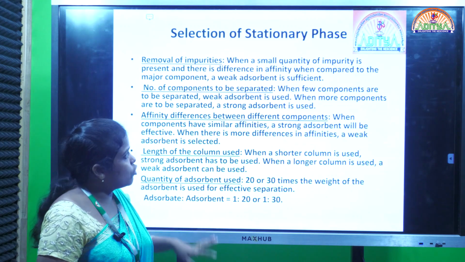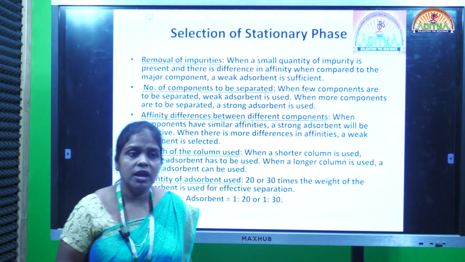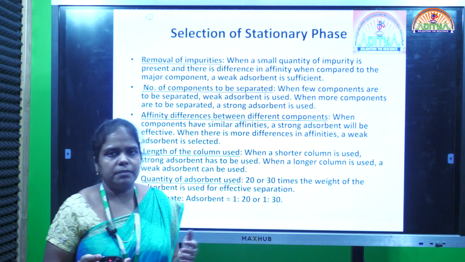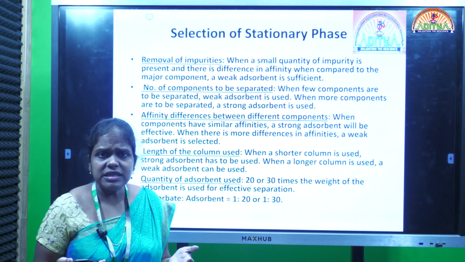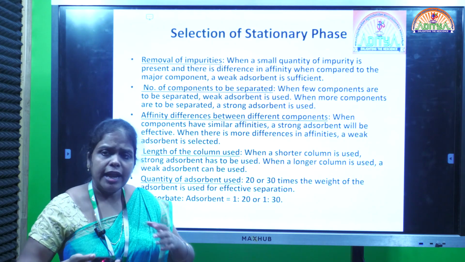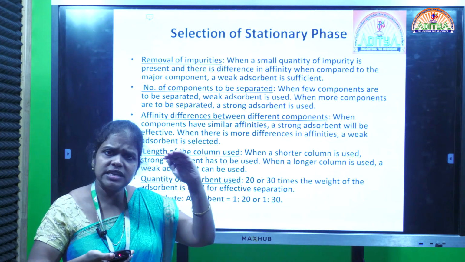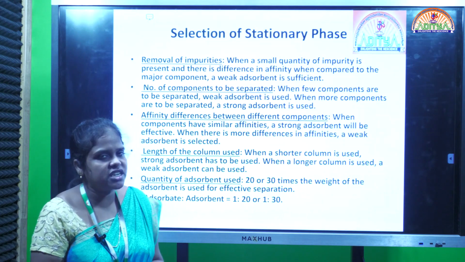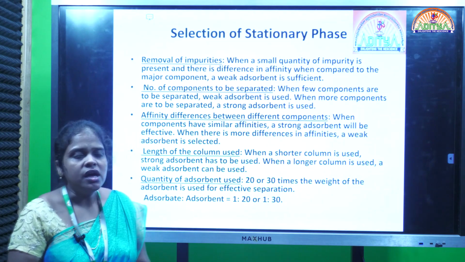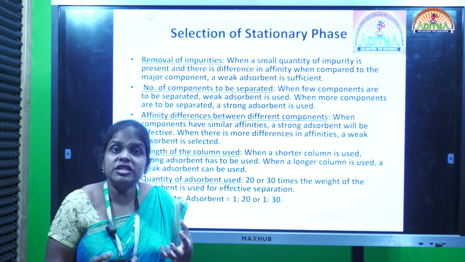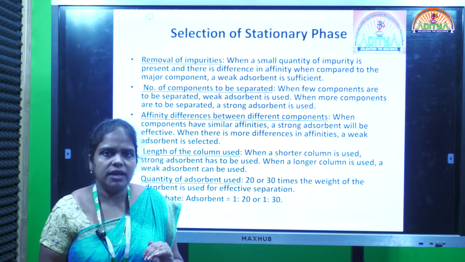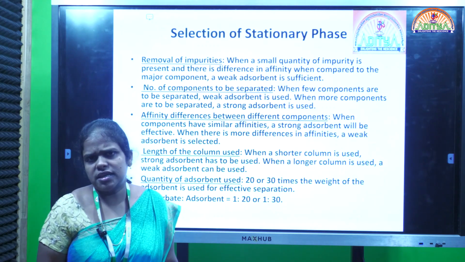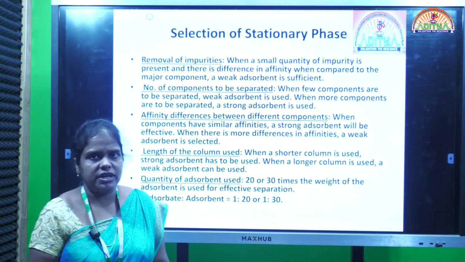And coming to the number of components to be separated, for example, you are taking one complex mixture in which 100 components are there to separate. That means there are so many components to separate. If the number of components to be separated is increasing, obviously the amount of stationary phase or adsorbent we are using should be more. That means it should be strong. If there are very few components to be separated, a weak adsorbent is sufficient to separate those few components.